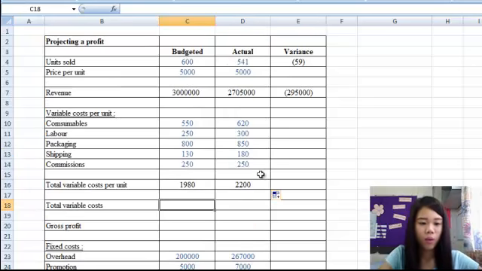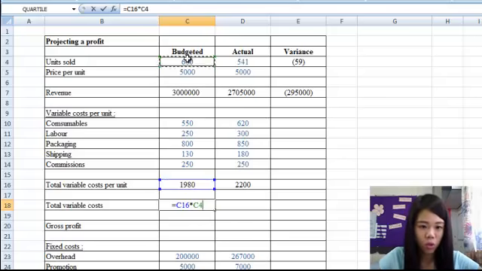To calculate the total variable cost, we use total variable cost per unit multiplied by the units sold. So this is the total variable cost for the budgeted production, and the same, we can drag the cell to calculate for the actual.